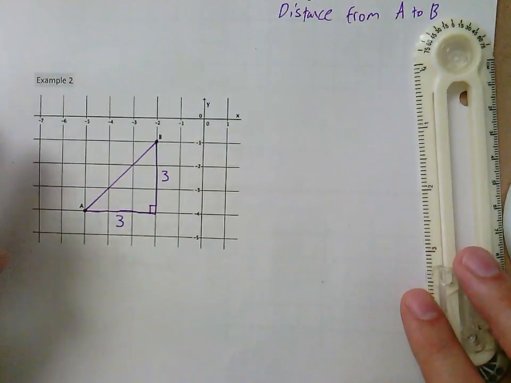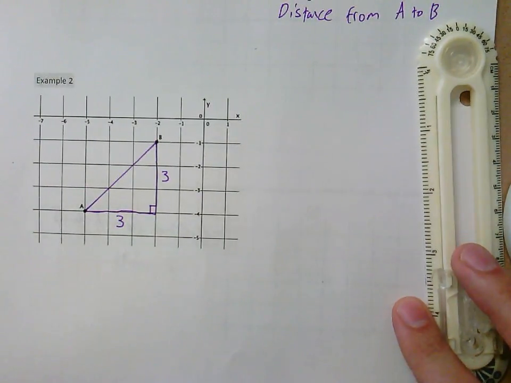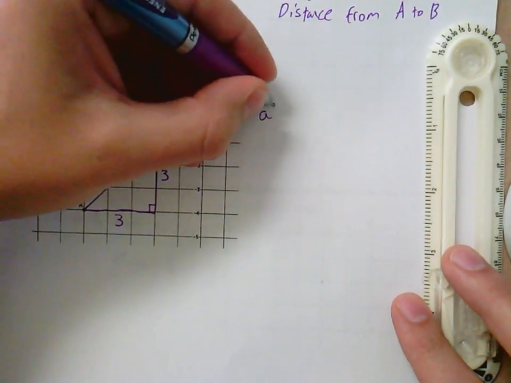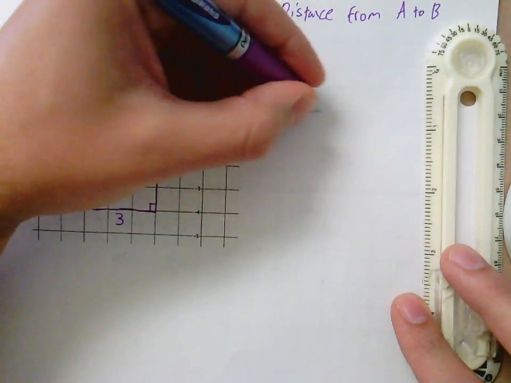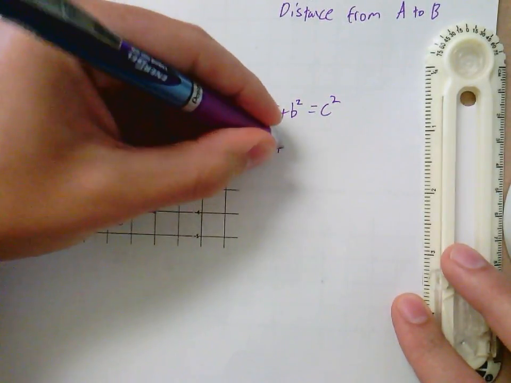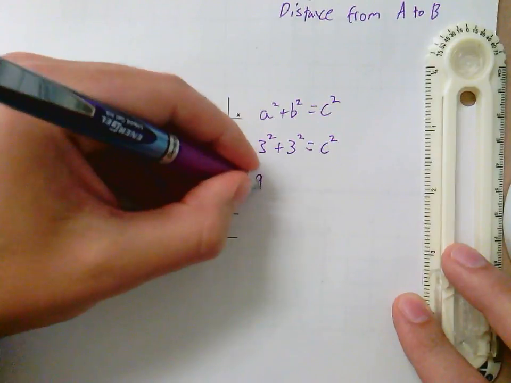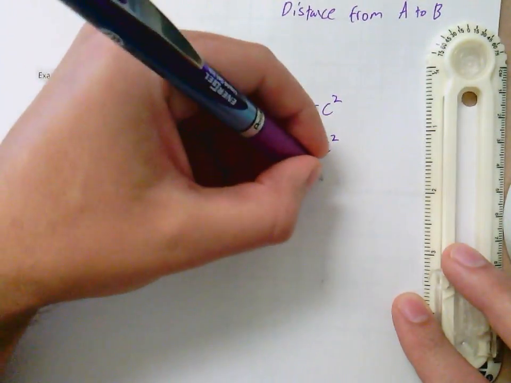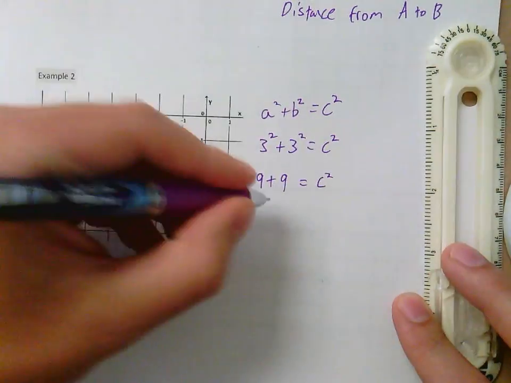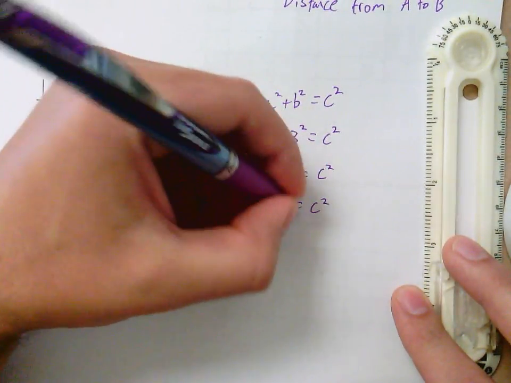Okay, again, right triangle, I know my legs, need to find my hypotenuse. I'm going to use the Pythagorean theorem. a squared plus b squared equals c squared. Both of these are 3 squared plus 3 squared equals c squared. 9 plus 9 equals c squared. 9 plus 9, 18 equals c squared.